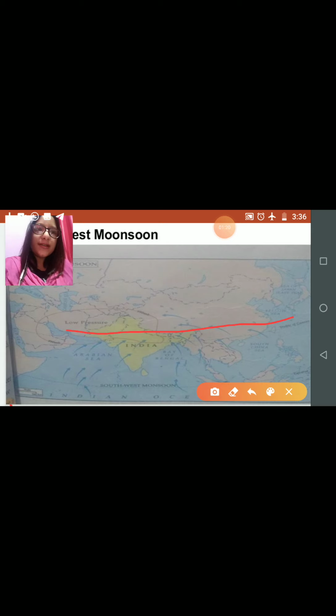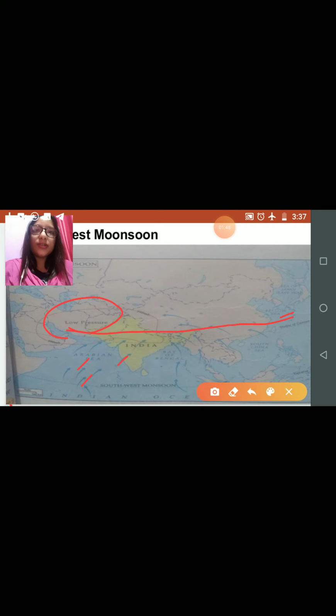So in the summer season, when the sunshine falls directly on the Tropic of Cancer, the interior part of Asia becomes extremely hot and a belt of intense low pressure develops over it. You see, the wind blows from the southwest direction, so it is called the southwest monsoon.